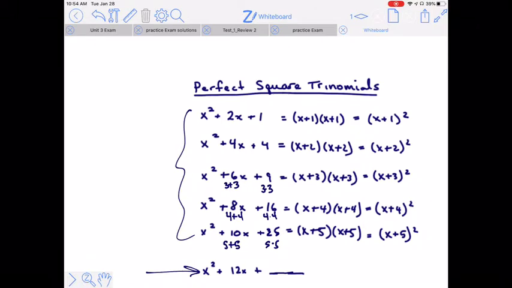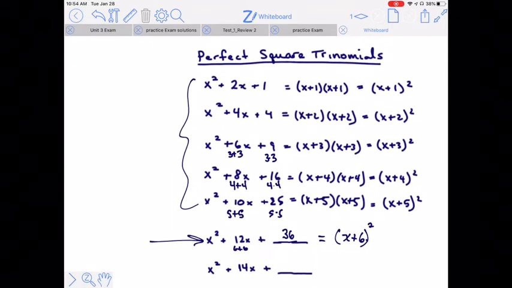So if you're left with having to create one or form one, you look at this middle term as, alright, this 12 is 6 plus 6, so then the term that would complete the square would be 6 times 6, or 36. X squared plus 12x plus 36 is a perfect square trinomial because it factors into x plus 6 times x plus 6, or x plus 6 squared.